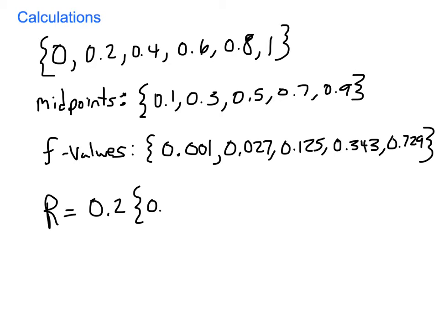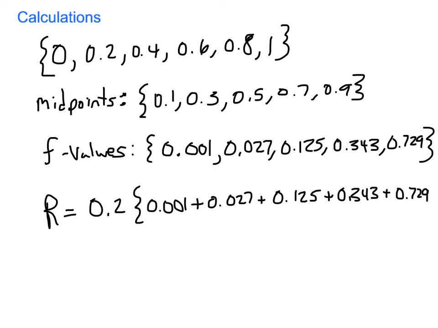So 0.001 plus 0.027 plus 0.125. You get the picture. Let me write this as a product with parentheses instead of the curly bracket here. So this is an actual expression here, 0.2 times this sum.